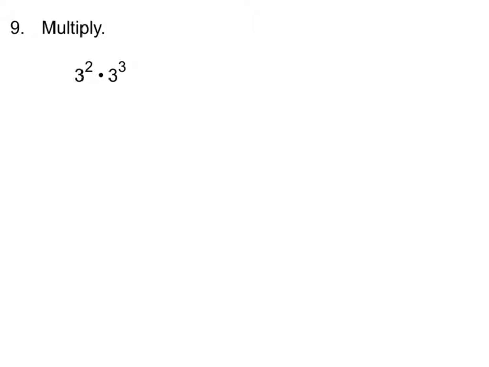Multiply 3 squared times 3 cubed. Whenever two exponential numbers are being multiplied together and they have the same base, we can apply the product rule. The product rule says that when we have the same base, we keep the base and add the exponents.